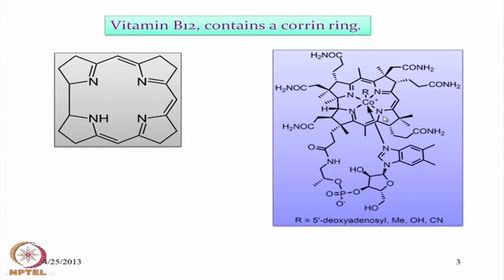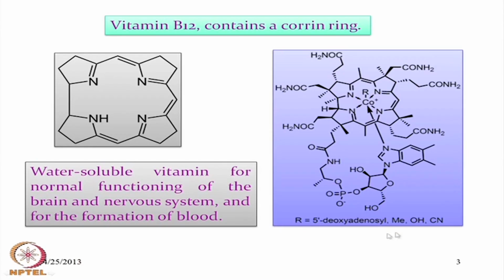So, the chemistry going on in our body can hamper some biochemical pathways also. It is well known to us that it is a water soluble vitamin, and its availability is very much required. It is also used as a medicine.